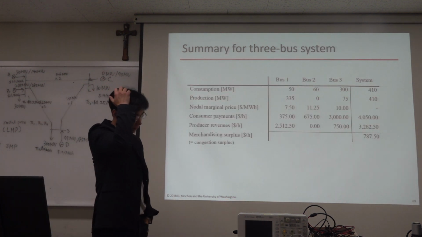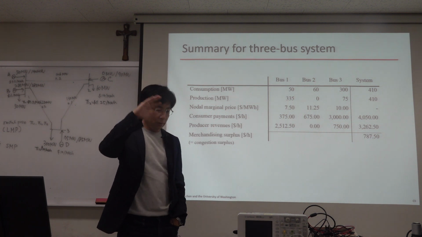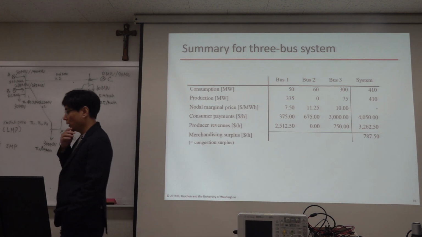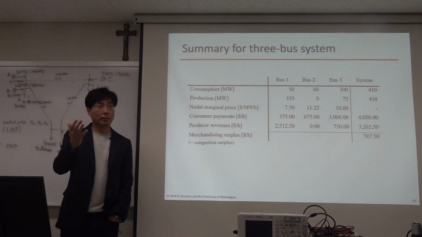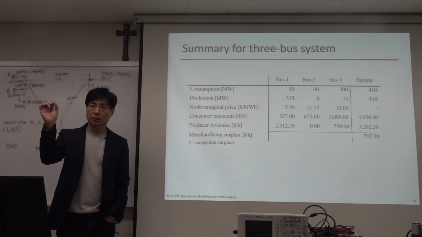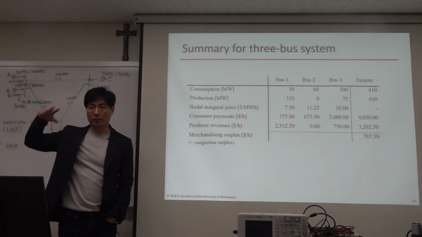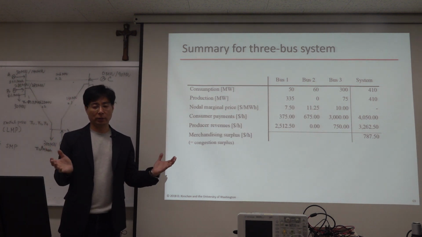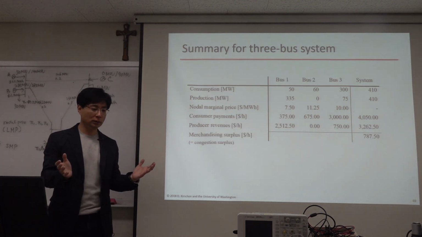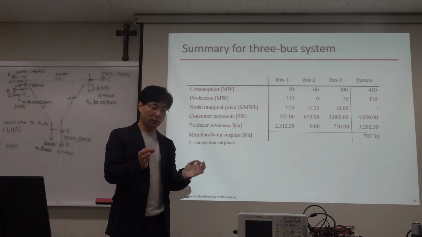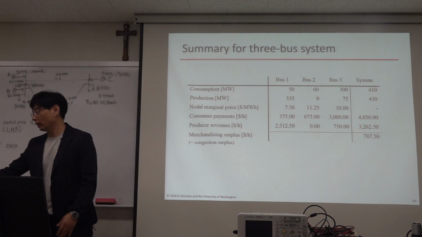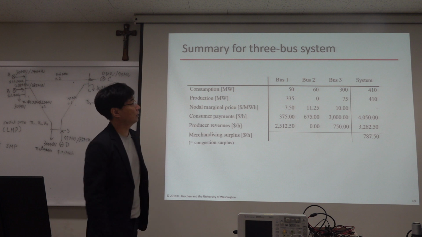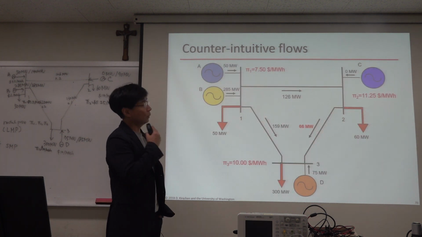So far, everything looks okay, but actually, we are talking about power system economics. Economics is economics, you know, goods are exchanged. Power system means we have a physical law. Power flows based on physical laws. So there are several counterintuitive observations. So let's see what that is.